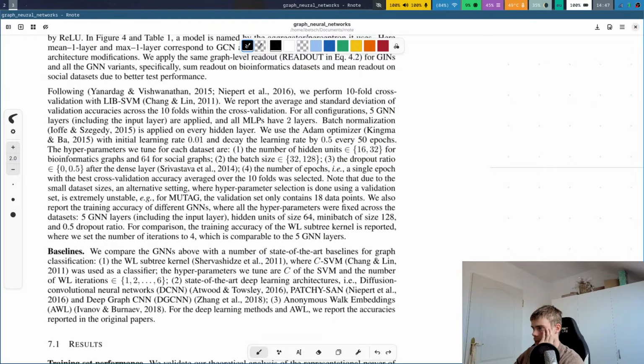Okay, following this, we perform tenfold cross-validation with LIBSVM. We report the average and standard deviation of validation accuracies across the 10 folds within the cross-validation.